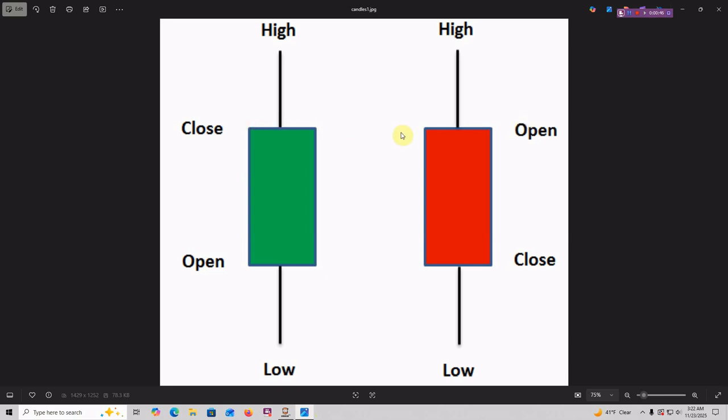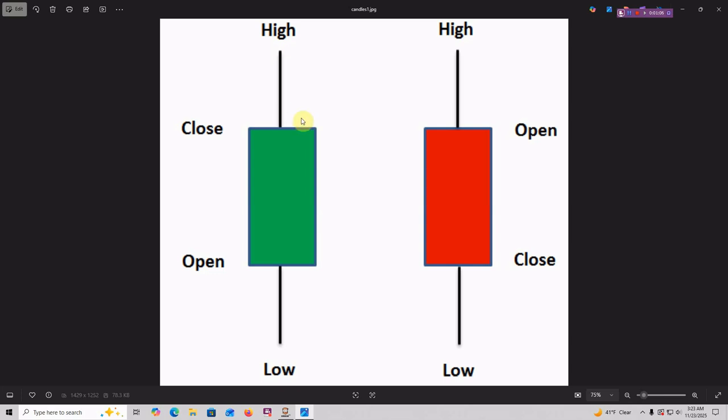If you are not familiar with this, please go and educate yourself before you go any further. This is just going to be a little basic introduction to these candlesticks, but you do need to be educated on these price points because that will be important throughout the video.